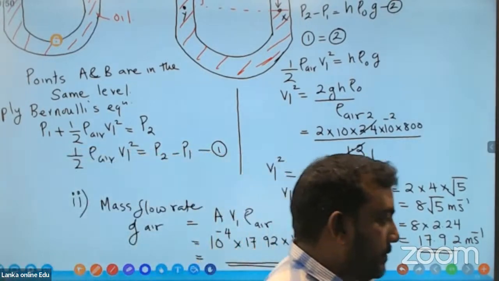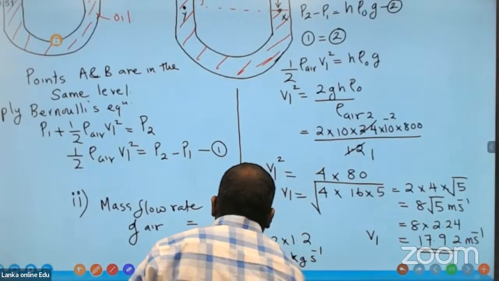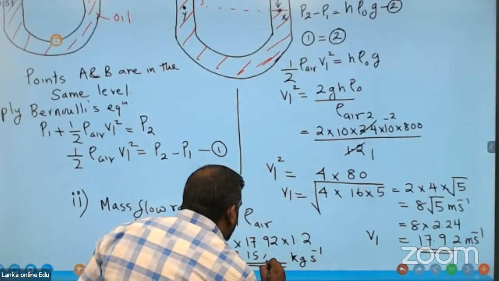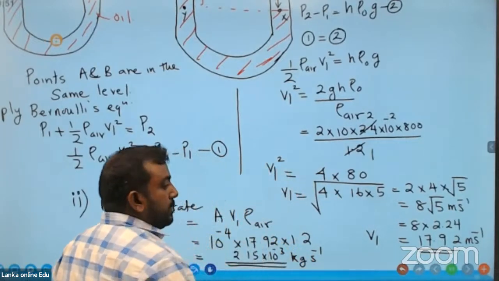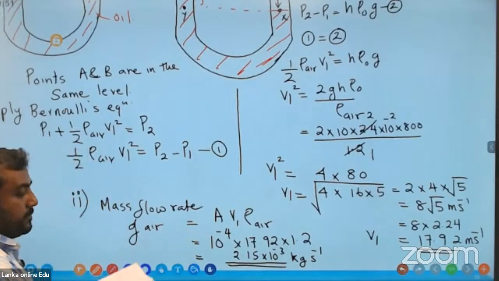If you simplify this, 17.92 multiplied by 1.2 is going to be 2.15 times 10 to the power minus 3 kilograms per second.